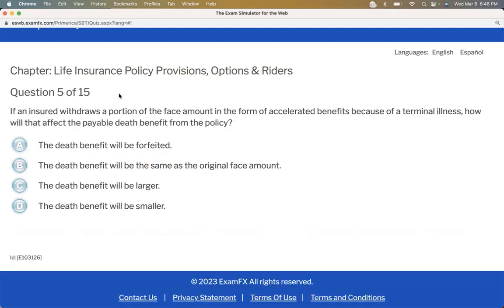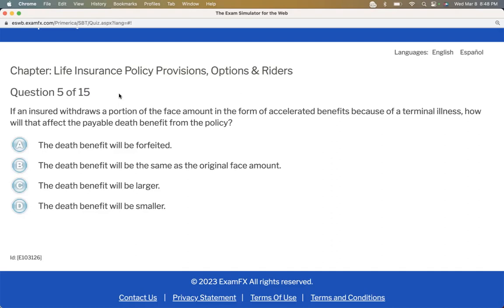By the way, this stuff is all states. This is going to come out on every state of the United States, so just in case you're wondering on the replay. If an insurer withdraws a portion of the face amount in the form of accelerated benefits because of terminal illness, how will that affect the payable death benefit from the policy?